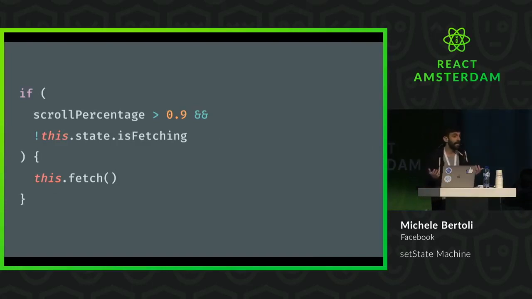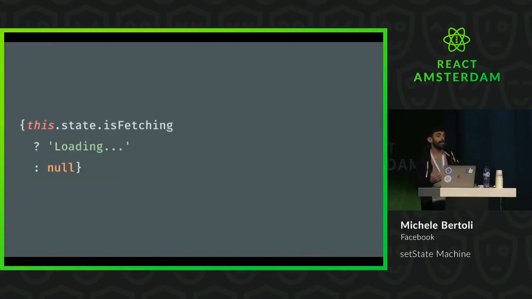This is not a big issue, but now our component does two different things, something when it's fetching and something when it's not fetching. And the same applies to the render of this component. So you start adding a ternary, and you say if it's fetching, then you can show a loading indicator, a spinner, whatever, otherwise not. This works. The component has two states, it's fine.